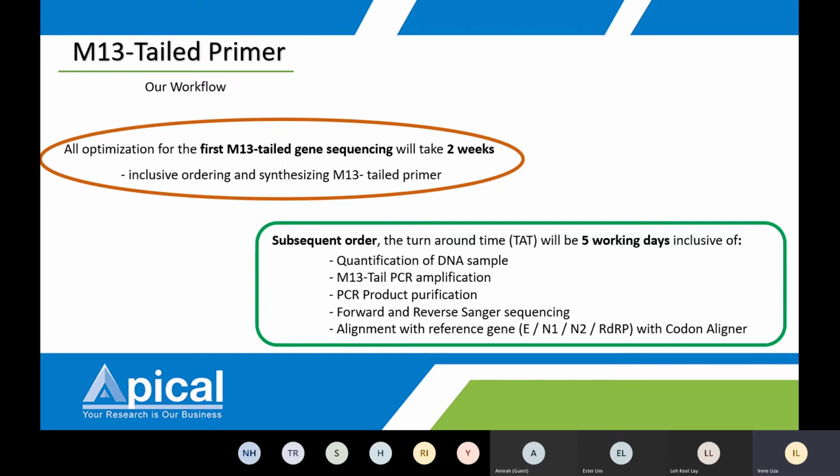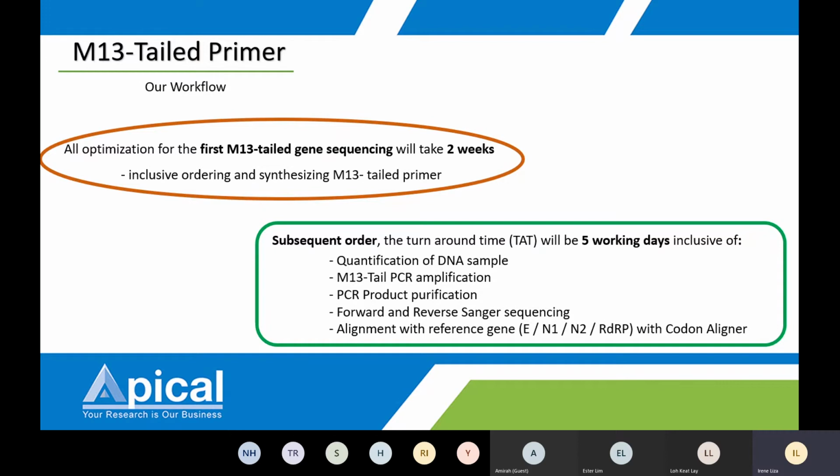So this is only for the first time, but for subsequent orders, the turnaround time will be about 5 working days. What we do during those 5 days is, upon receiving the samples, we will quantify the DNA sample, and then do the M13 tail PCR amplification.